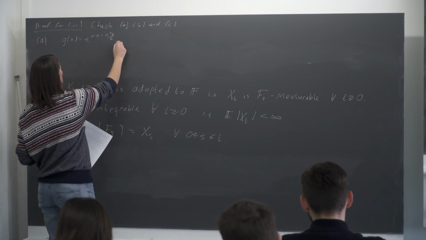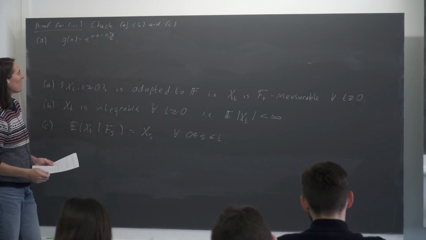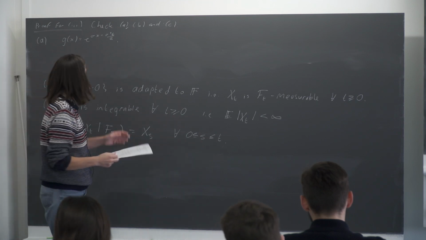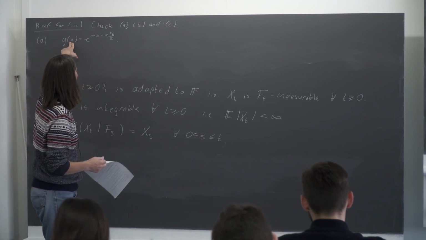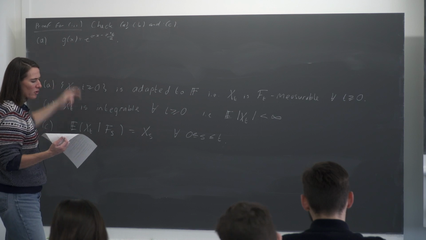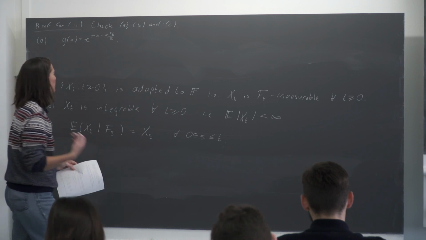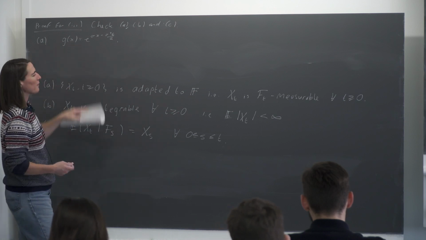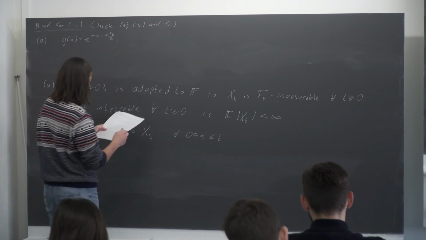Well, this is just a continuous function of x, and so that means that if we apply g to Brownian motion, it's going to be measurable with respect to the sigma algebra generated by Bt, because we know that measurability is preserved by continuous functions.